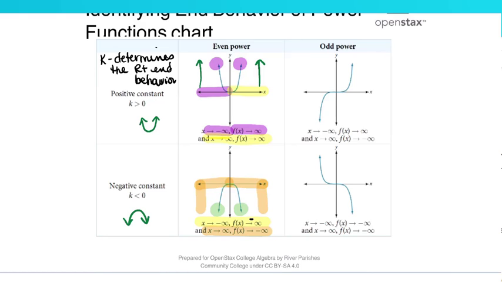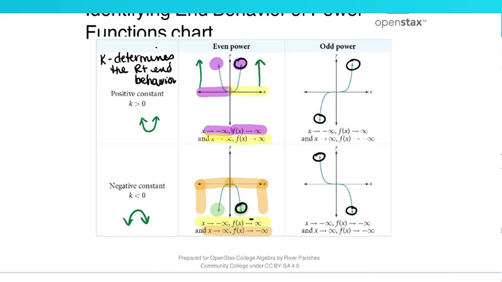So if k is positive, it's going to open up on the right. And if k is negative, it's going to open down on the right. And that's the same thing that went on here with the even powers. The difference is when it's an odd power, then the left behavior is going to do the opposite of what the right behavior is doing.